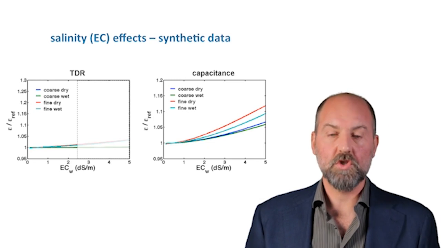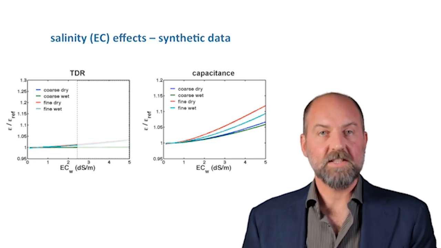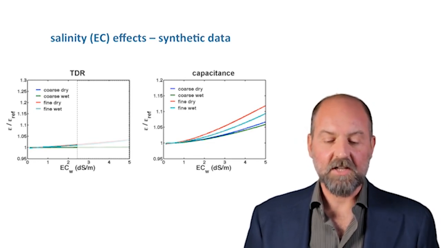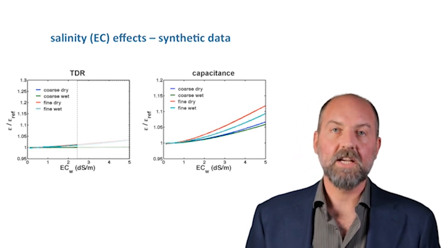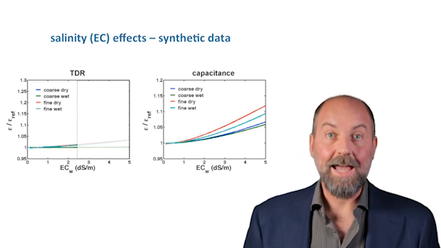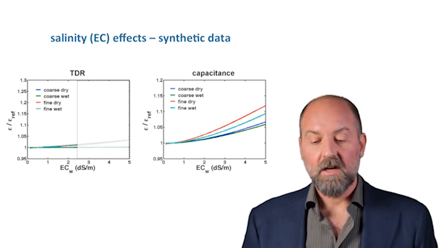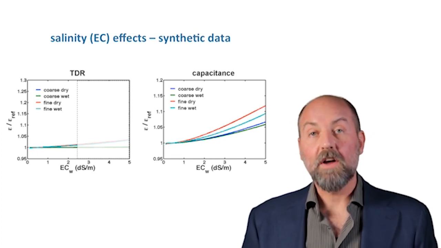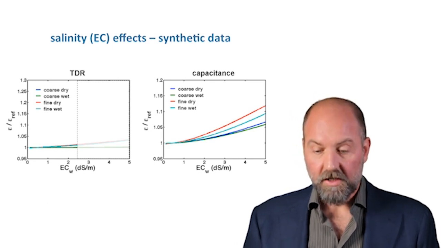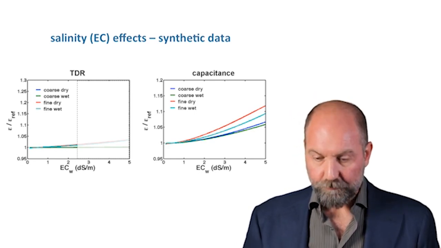And so I chose to indicate a threshold line at 2.5 decisiemens per meter, indicating that TDR won't work anyway above those values. Capacitance estimates will work, however, those estimates will be strongly affected by the conductivity.